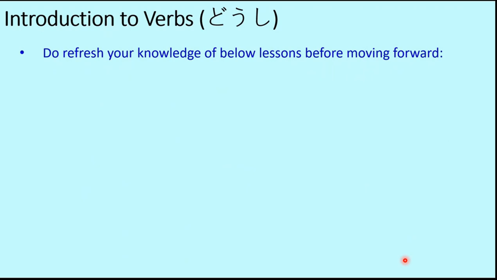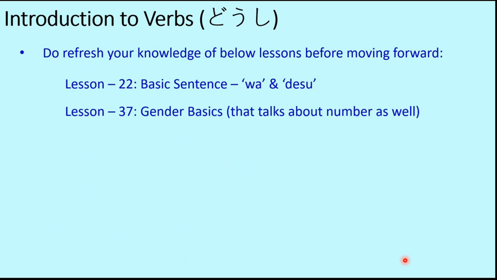Friends, do refresh your knowledge of the below lessons before moving forward in this video, because in these lessons we discussed concepts which may be prerequisites for today's lesson. The first one is lesson 22, in which we discussed the basic sentence structure and introduced the verb desu.